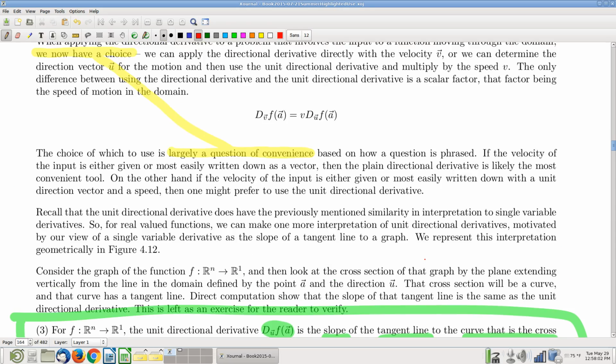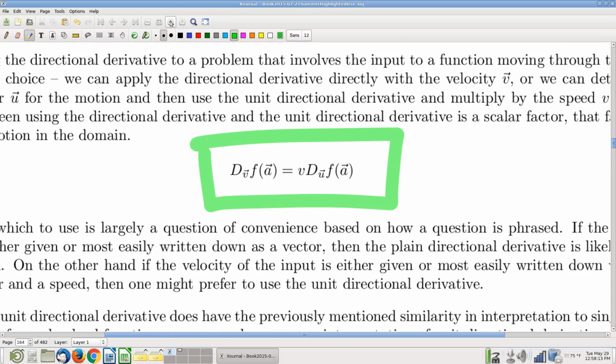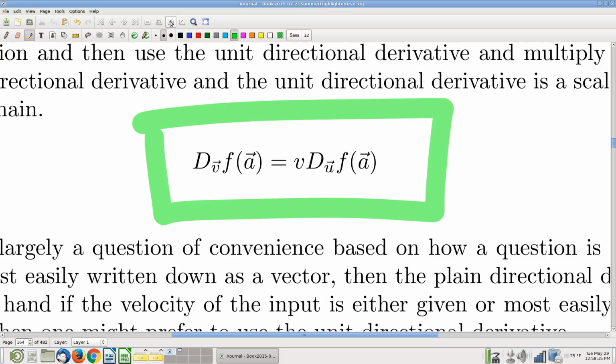Alrighty, so we have these two equivalent expressions then. In fact, I'll zoom in a little bit here. If you want to know how fast the output values of a function are changing, you have a couple options. One is you can just compute the directional derivative straight out, boom, just like in the last section.